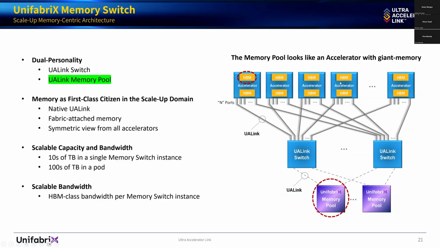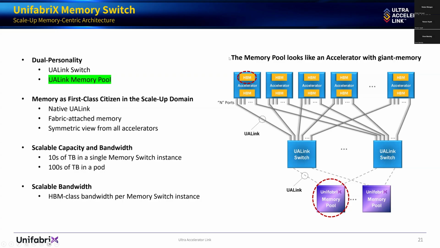This is how it looks like an accelerator with a giant memory. So depending on the topology of the system, it looks like connecting another accelerator. There are several ways to have the memory injected in. One way is having it through the UALink switch, and this comes natively through the UALink domain.